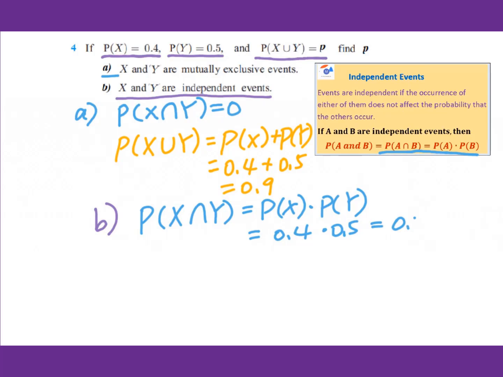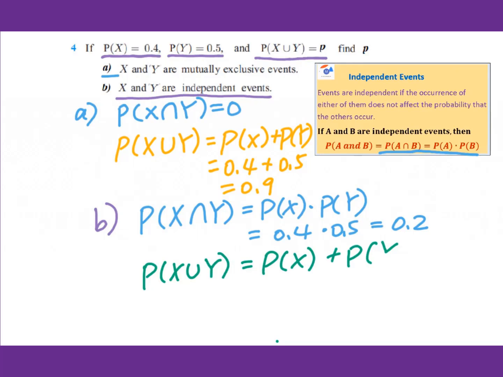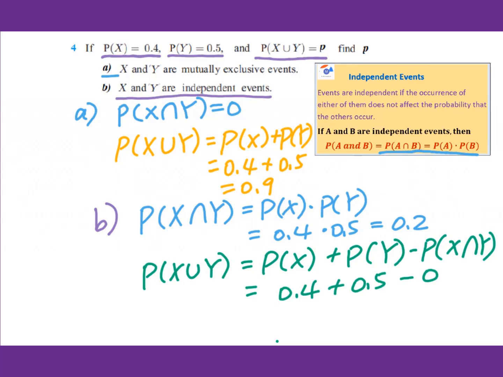That is 0.2. Then we use the addition law of probability. We get the probability of X or Y equals the probability of X plus the probability of Y minus the probability of X and Y. We plug in 0.4 plus 0.5 minus 0.2 to get 0.7.